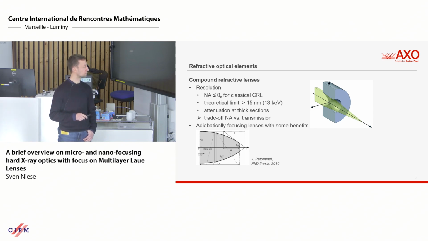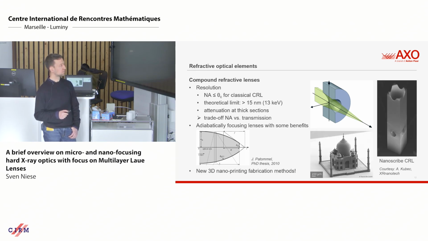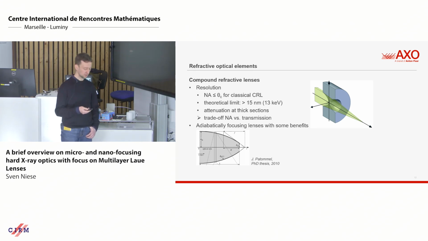You can apply a few tricks, like those diametrically focusing lenses, where the outer diameter shrinks as you come closer to the focus. With this, something in the order of 15 nanometers has been shown.